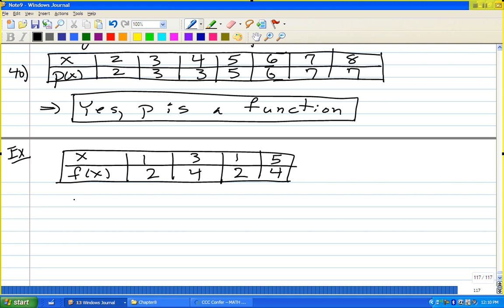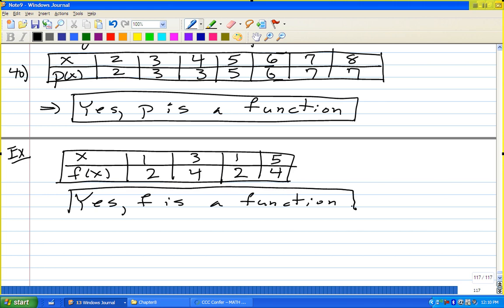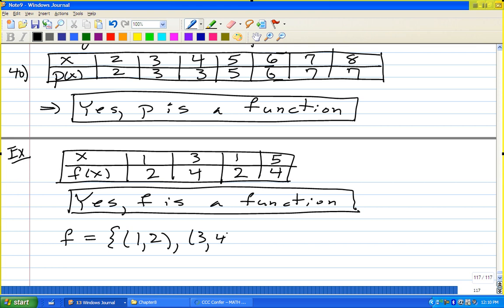So notice that in this case, yes, f is a function. The reason for that is we actually have to be a little careful in this case. If I look at the function f as a set of ordered pairs, it's the ordered pair (1, 2), (3, 4), (1, 2), but (1, 2) I've already written down, so I don't repeat it, and (5, 4).